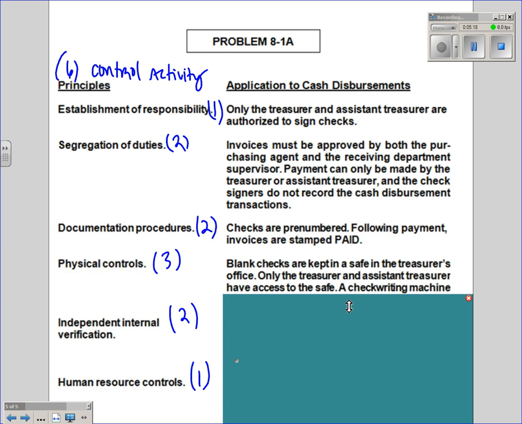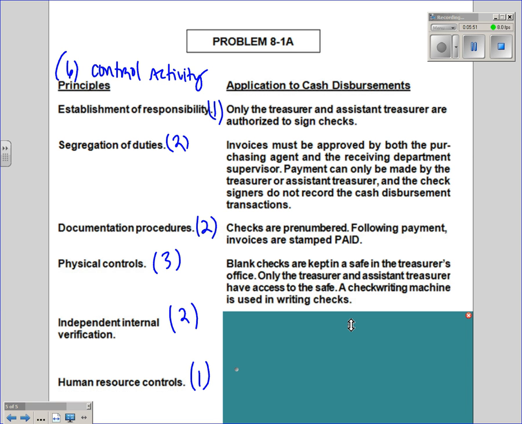That means if things seem faulty with our blank checks, who are they going to go talk to? The treasurer or the assistant treasurer. They're the only ones that have access to that. And then finally, a check writing machine is used in writing checks. It's really hard to forge something or alter something if it's a check writing machine. You've probably seen that in places where they run your checks through, and then they sometimes just hand the check right back to you. That's what that's talking about.